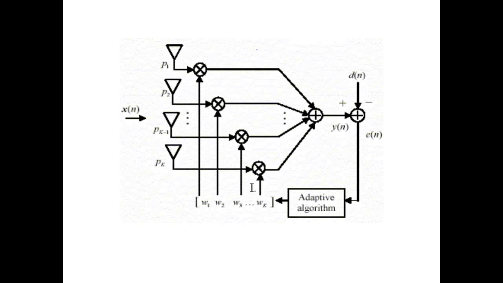So x(n) is passed to the multiple antennas with the weighted parameters from the adaptive algorithm, and the sum of these weighted inputs gives the expression y(n). The error e(n) depends on the weights, the inputs and y(n).